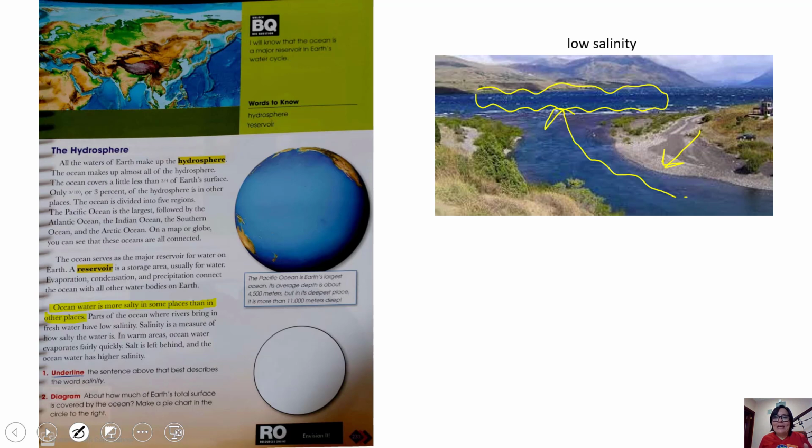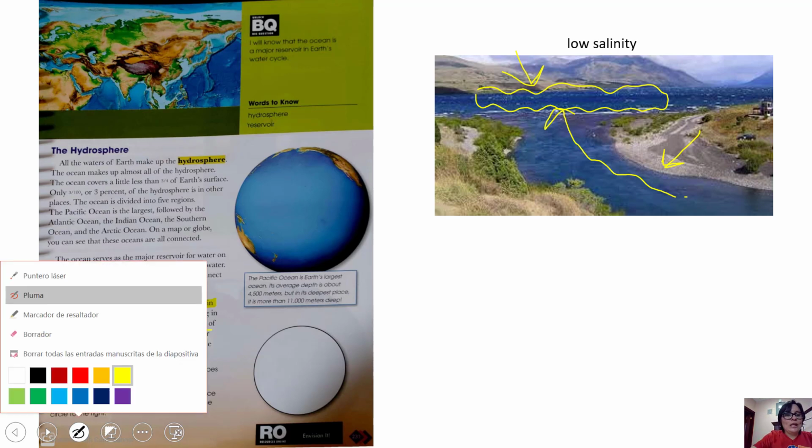So why in this part are we going to have low salinity? Because we have fresh water entering the ocean. So the amount of salt is reduced. Okay, so let's underline what salinity is. Salinity is a measure of how salty the water is.